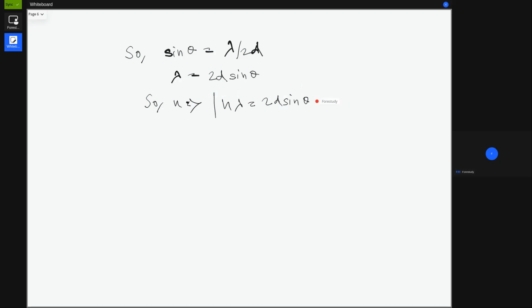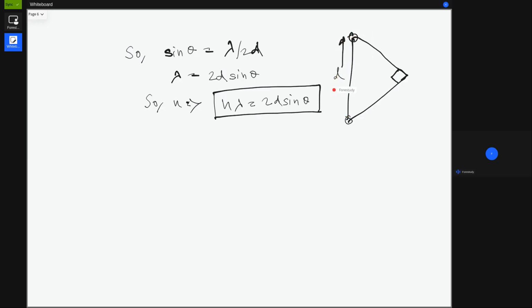This is Bragg's law. Got it? Just by simple trigonometry, you will be able to derive this equation. I hope you understand how this equation comes.